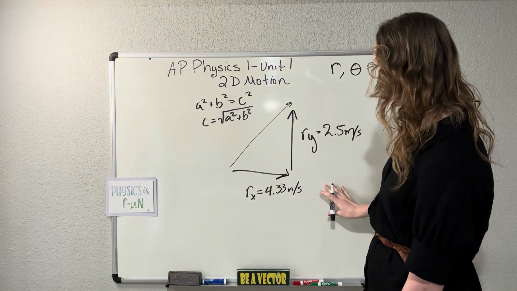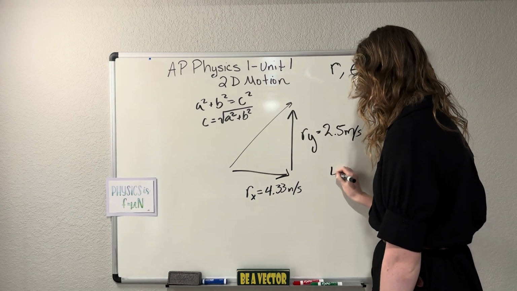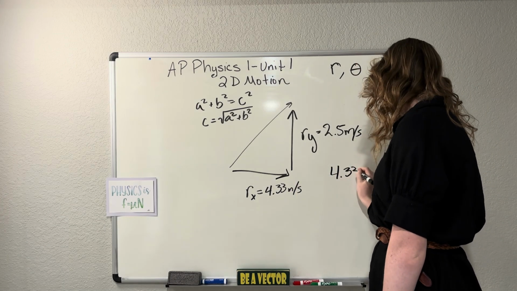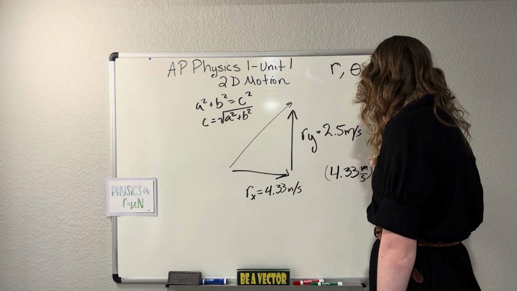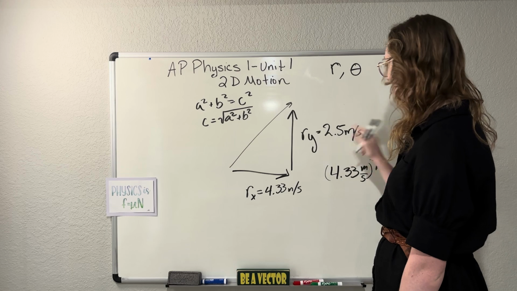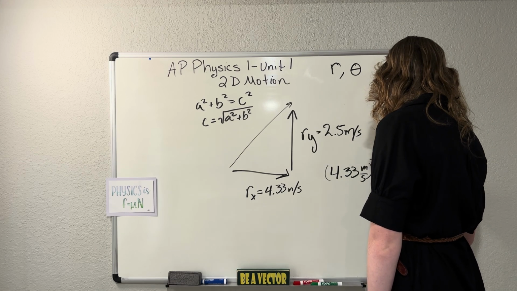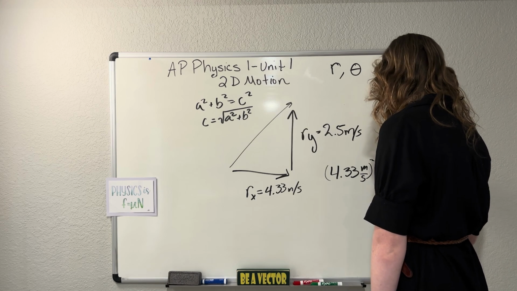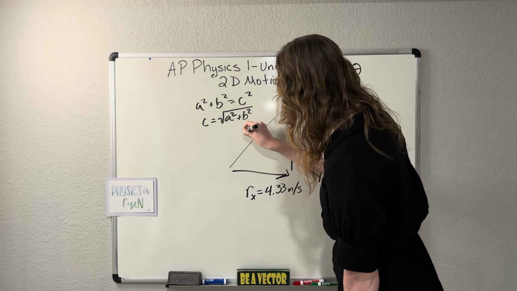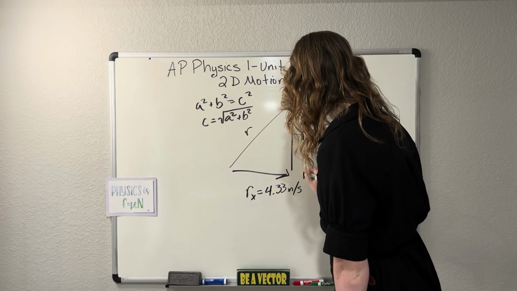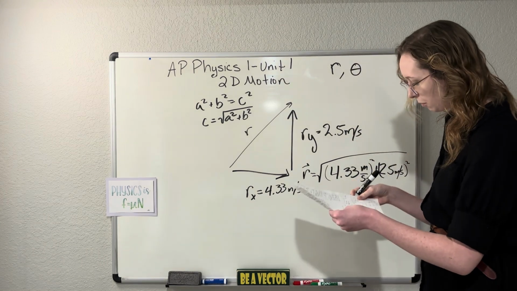So let's just do that. The x component of our vector here is 4.33, so we have 4.33 meters per second squared, plus the y component of our vector, 2.5 meters per second squared. We're going to take the square root of that, and that is going to give us our total vector here. So what is that?